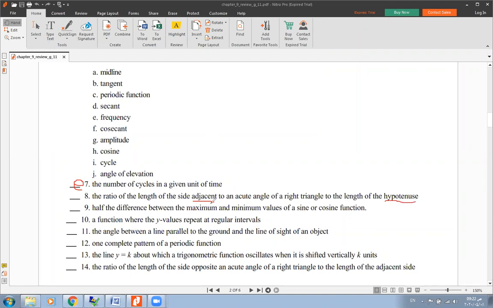What is equal to adjacent over hypotenuse? Yes, cosine, excellent. So it's letter H. Now we have number 7 is letter E and number 8 is letter H.